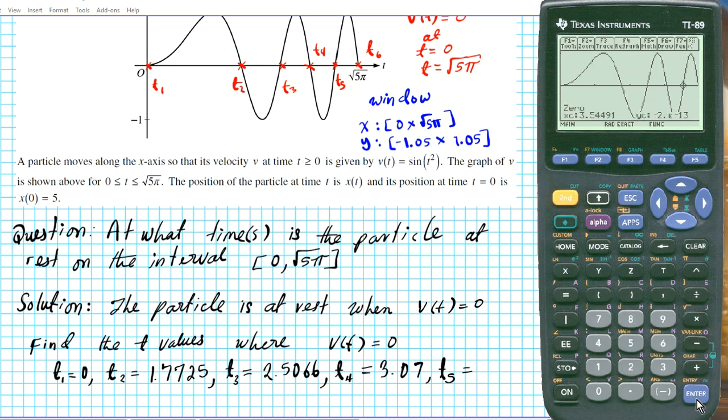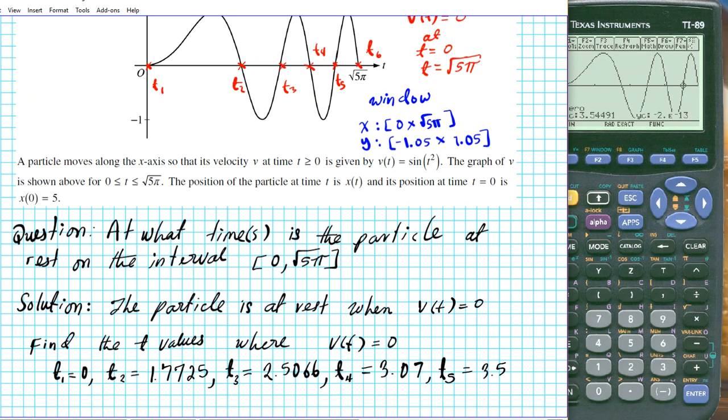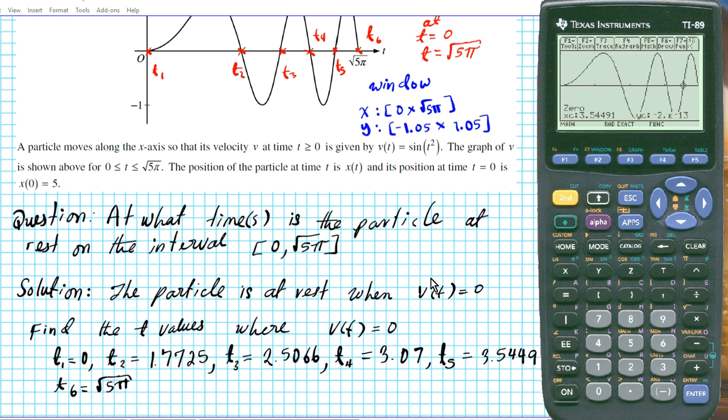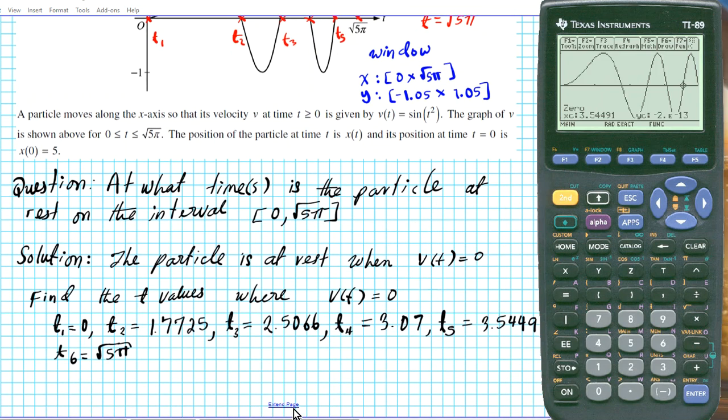Press enter. And you have 3.5449. And then the last time is root 5 pi. Okay? In this exact form. So those are basically the times when the particle is at rest.